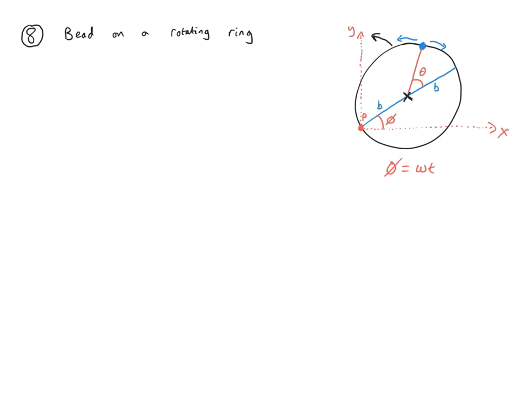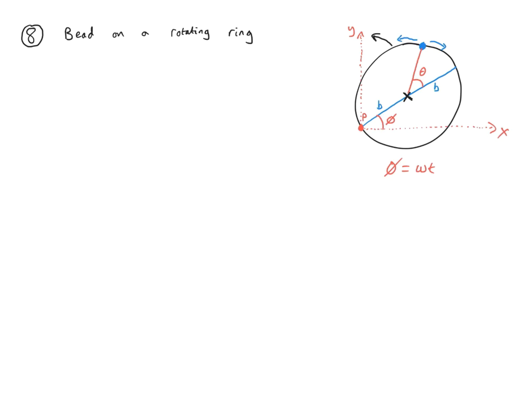It's the angle between the line from the particle to the center and the diameter, which is the center of the ring, to the point P. Now, the reason why it's a good idea to choose our generalized coordinate as theta here is because this angle theta is itself relative to the diameter, the blue diameter here, which is something that is itself rotating.